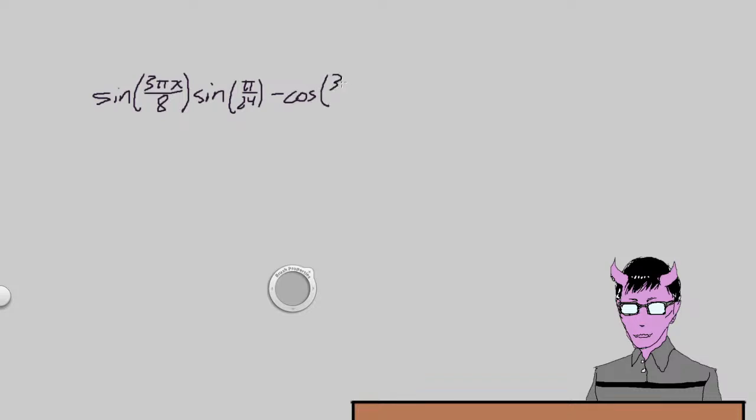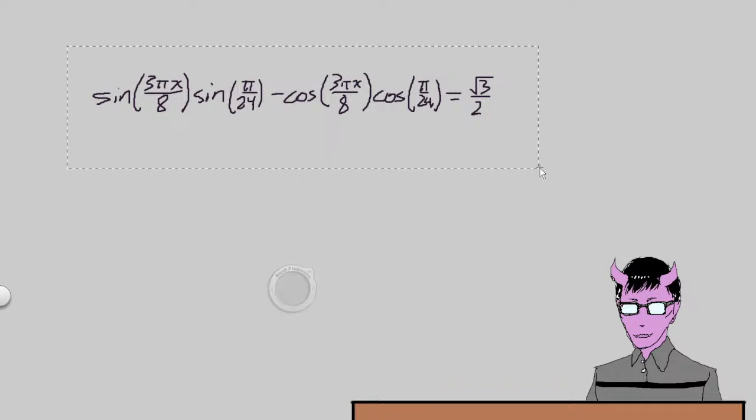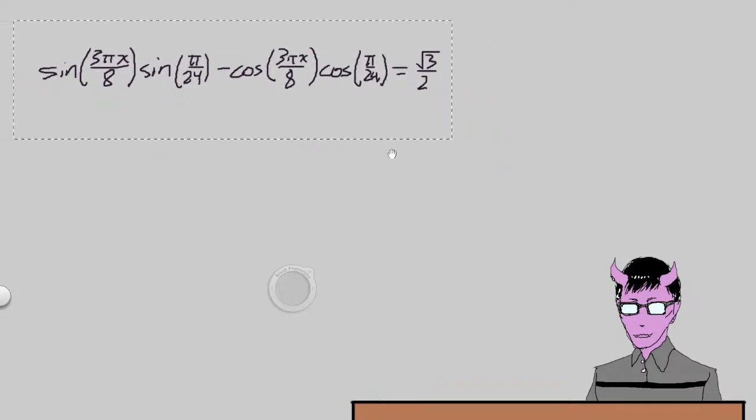So cosine of 3 pi x over 8. Make note that those arguments are the same thing, of course. And then cosine of pi over 24. Again, this one is the same as that one. And all that is equal to square root of 3 over 2. So that's the problem we're looking at.